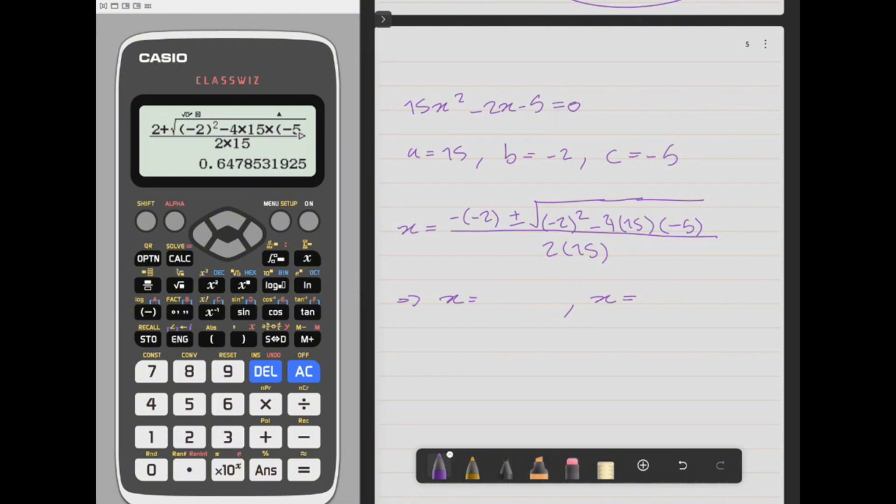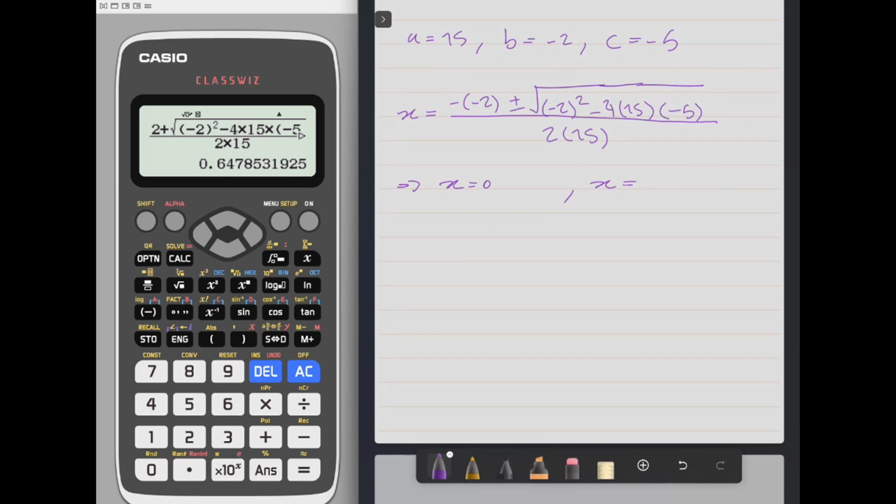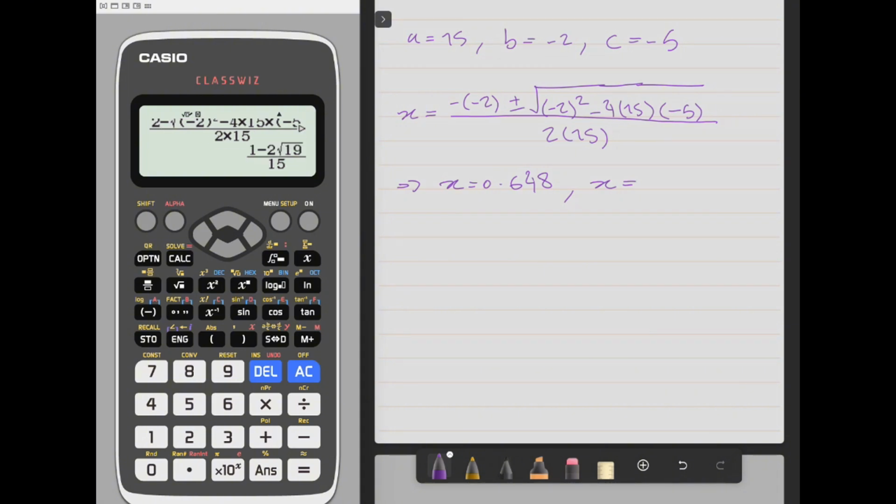Okay, 0.648 to 3 significant figures, and here I just change the sign, and it is gonna be minus 0.515.